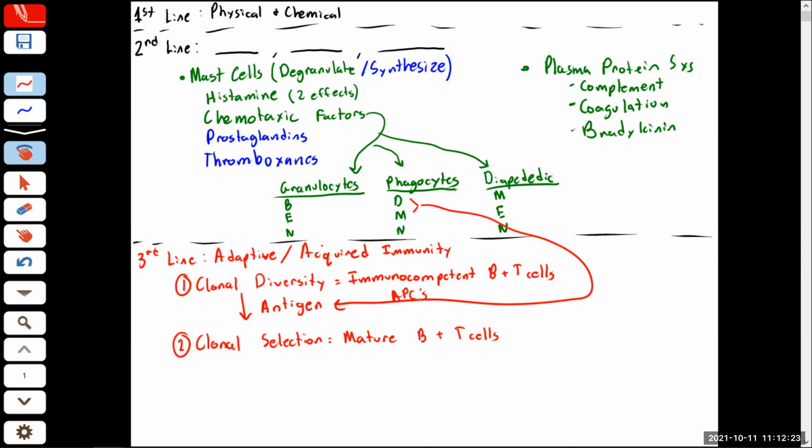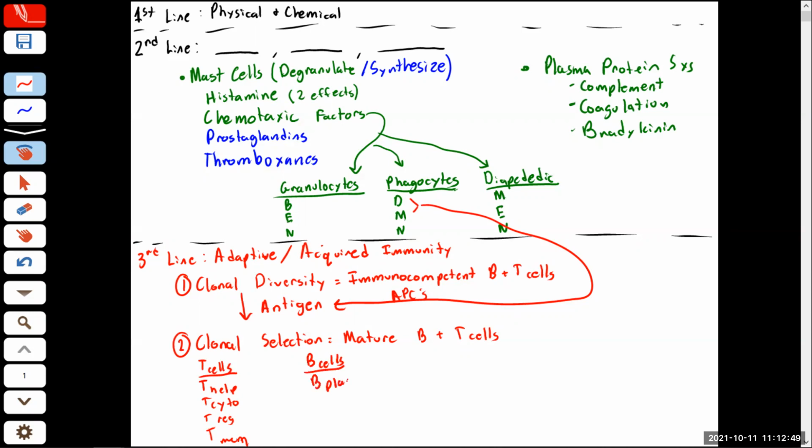Okay. Now, when we mature our B and T cells, how many T cells do we get? 4. We have T helper, T cytotoxic, T reg, and T memory. B cells, how many B cells do you get?